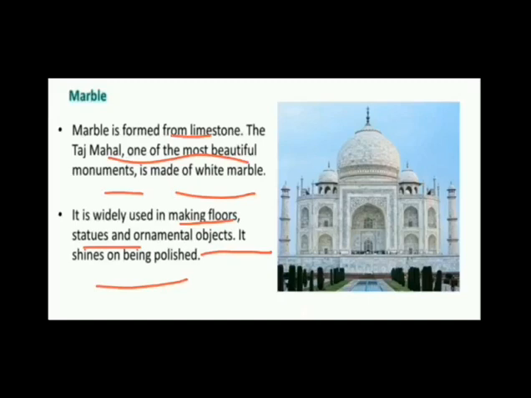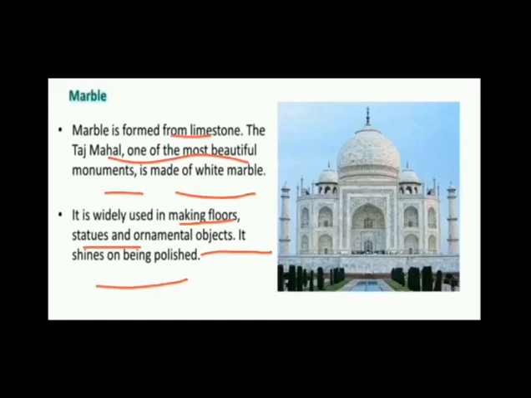The texture of marble is granular and coarse, and they are light colored rocks which are used for making different statues for architectural and ornamental purposes, and also for making different floors and ornamental objects.